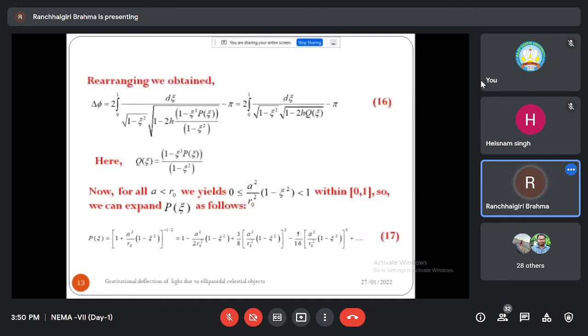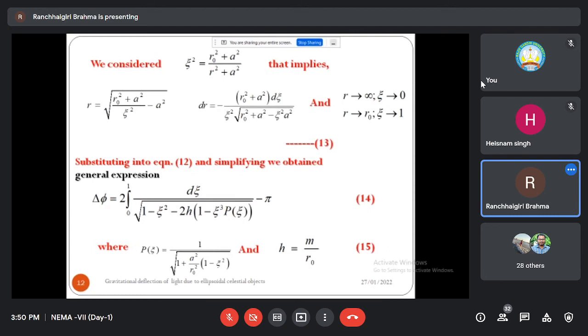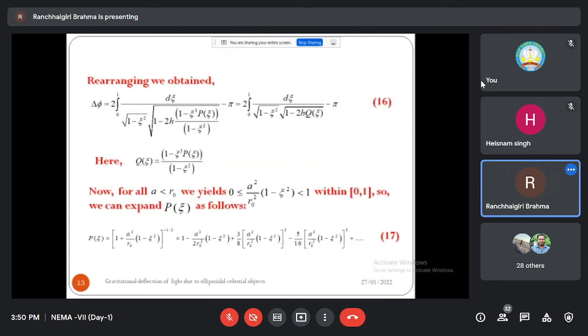Further rearranging equation 14, we obtain equation 16, where q of psi is represented as 1 minus psi cubed p of psi over 1 minus psi squared. Now, for all a less than r naught, we know that a is the linear eccentricity and r naught is the closest approach.